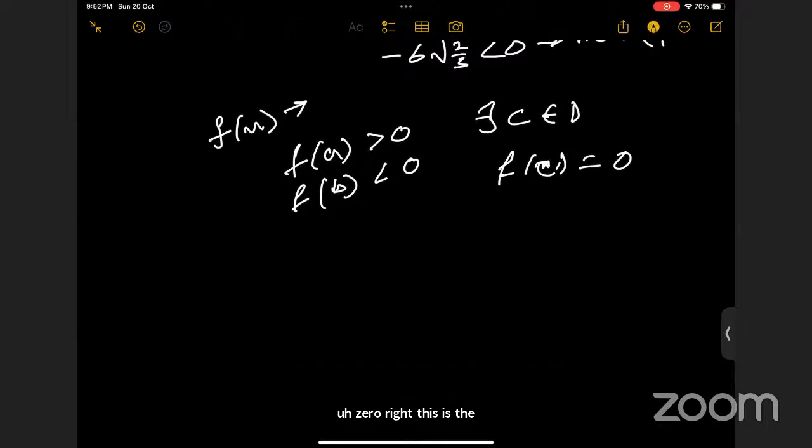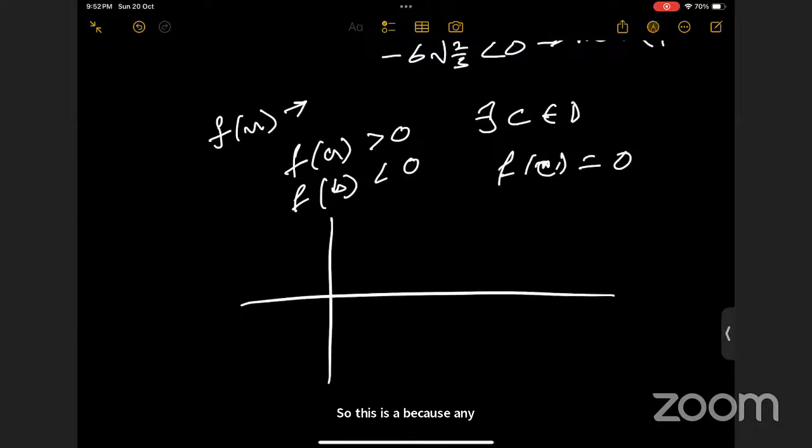Yes. This holds because any polynomial is continuous, so this is true for any continuous function. You will learn about what a continuous function is, right? Basically, if you have a continuous function and suppose these 2 points are on the graph, that means the graph is passing through these 2 points.